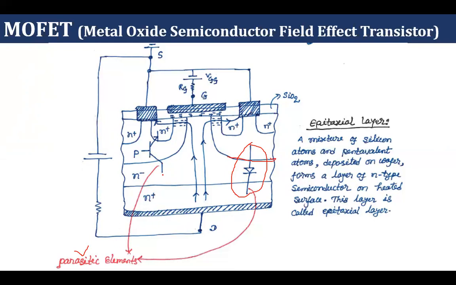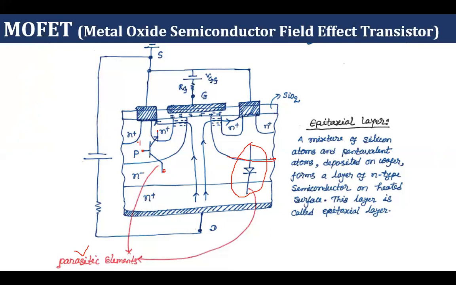At the same time, here we have an N-type layer, here a P-type layer, and here an N-type layer. So it is forming an NPN bipolar junction transistor type of structure. These two are the parasitic elements within the power MOSFET structure. Now in this NPN, which one will be the collector? The base is very fine.